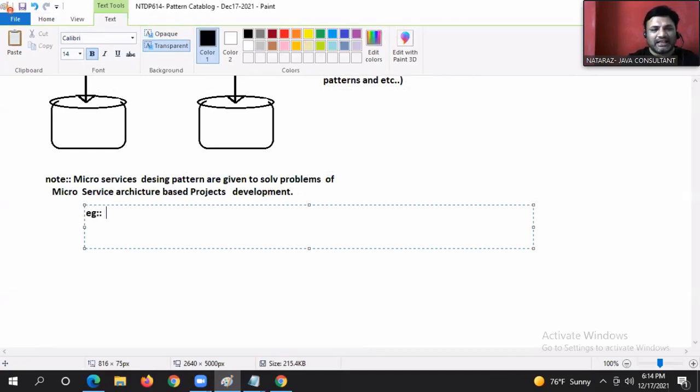Aggregator, next, circuit breaker. What is this? Circuit breaker. Next, chained or chain of responsibility.